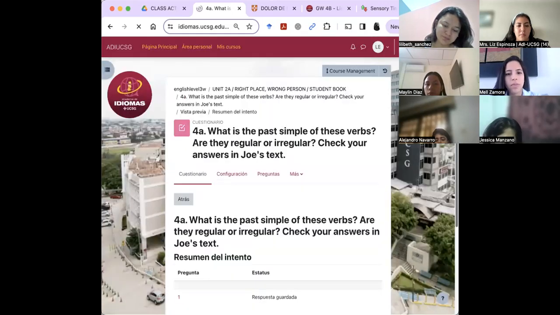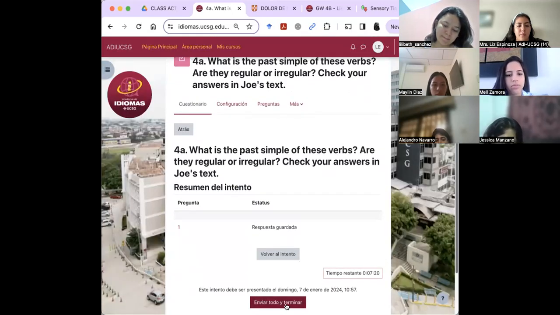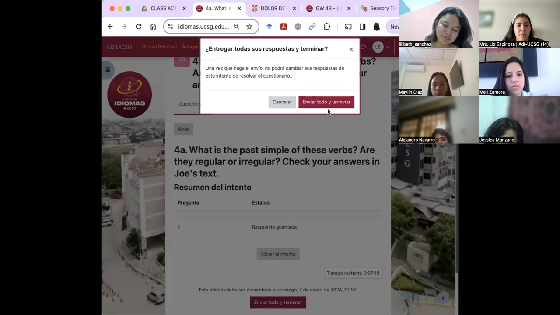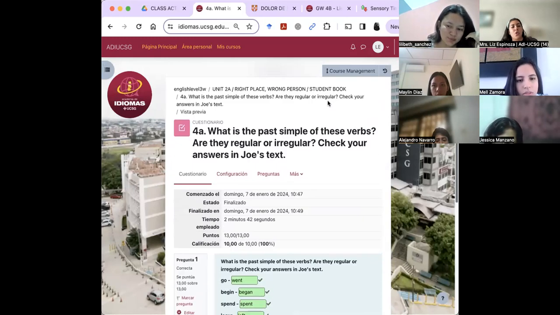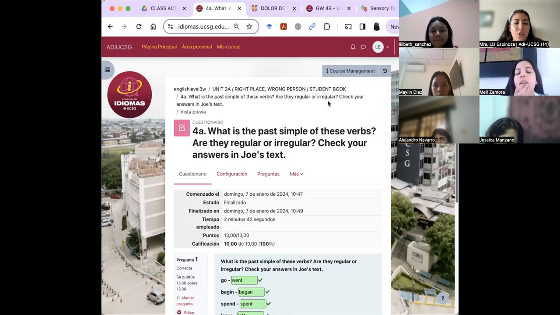Let's see. Really nice. Okay. So we are in the grammar activity 4A in the student book.